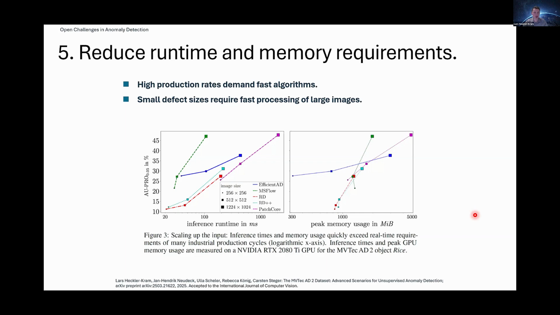Of course, this depends on the specific use case, but in general, the high production rates really demand fast and lightweight algorithms. And what is more, in this new dataset, we also cover small defect sizes relative to the image size, because if you have a small defect in a large image, you need to look at the whole image, but still need to detect this tiny defect in time, so in real time sometimes.